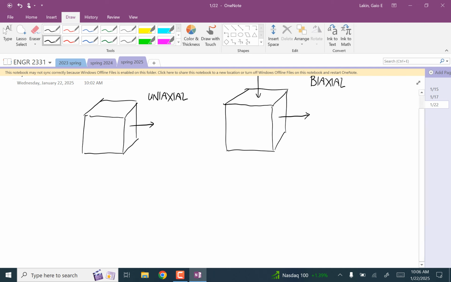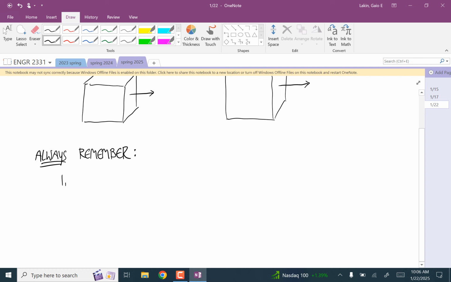But always remember, let's say that the coordinate system is x this way, y this way, z this way, okay?